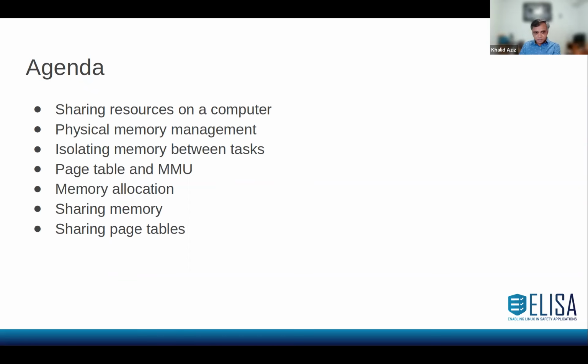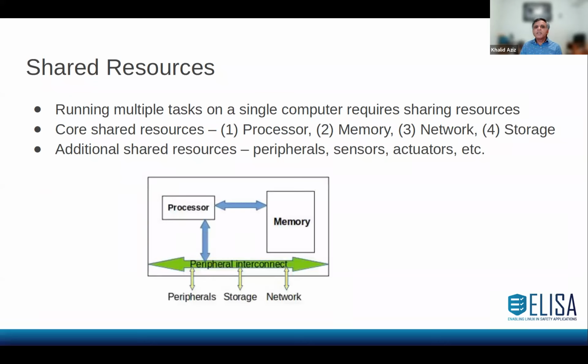Okay, so with that, let's talk about what the shared resources are on a computer system. You have the core shared resources. There's, of course, the processor, memory. Tasks will typically have access to a network and storage. So these are the core shared resources. But on top of that, we can have additional shared resources as well.